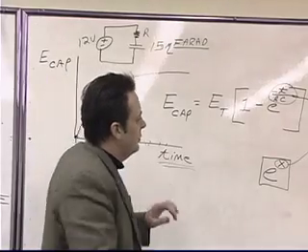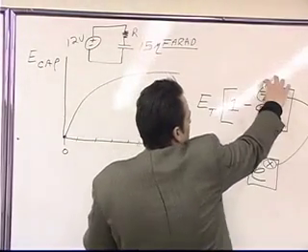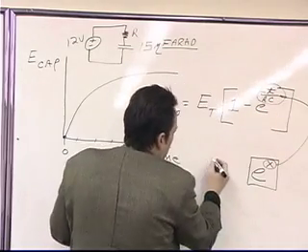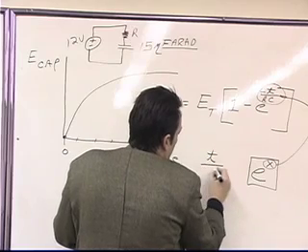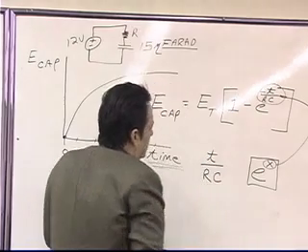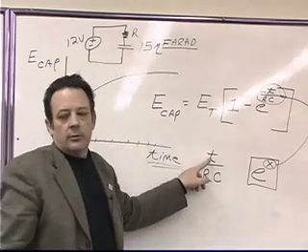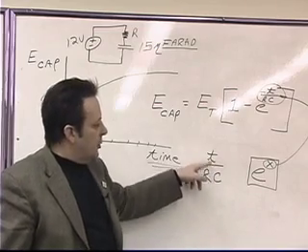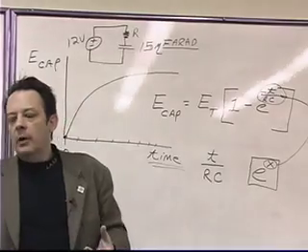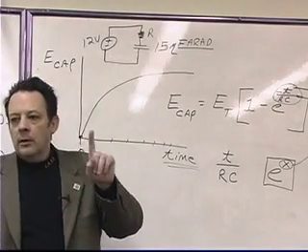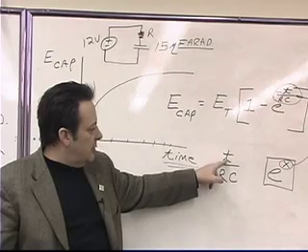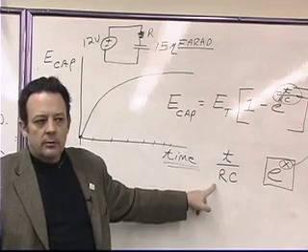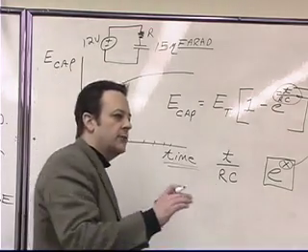Now, let's look at this exponent by itself for a moment. Let's take t over RC. If t represents time, and I want this exponent to simplify into a really simple number, like 1, then what would t have to be equal to? t would have to be capacitance times resistance.